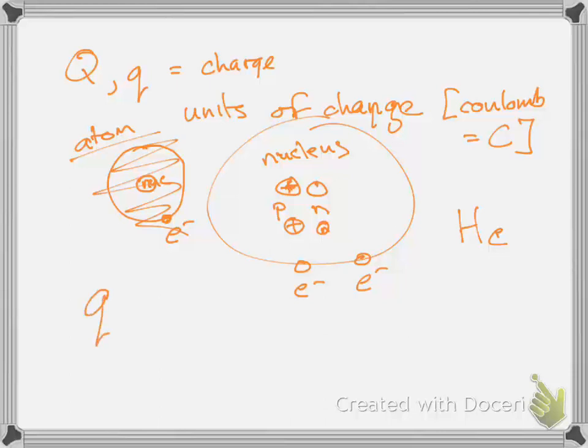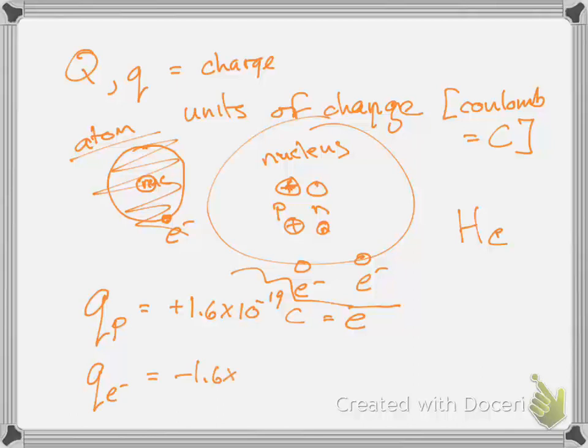And the charge of the proton is plus 1.6 times 10 to the minus 19th coulombs. This is given the fundamental charge letter of e. And so the charge of the electron is minus 1.6 times 10 to the minus 19th coulombs. And so that's given the fundamental charge of minus e.